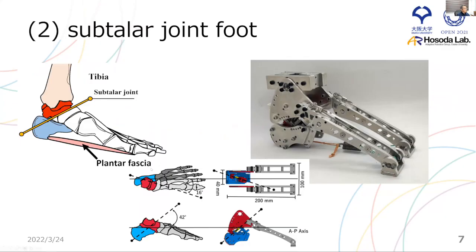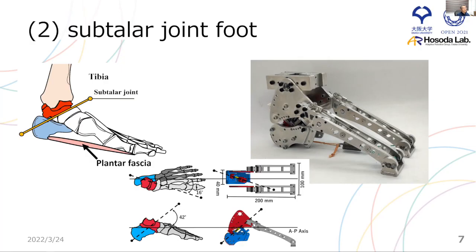with the plantar fascia. The plantar fascia, as I said, is the ligament connecting the toe of the foot with the calcaneus, and this generates a very unique motion, as well as the oblique joint.